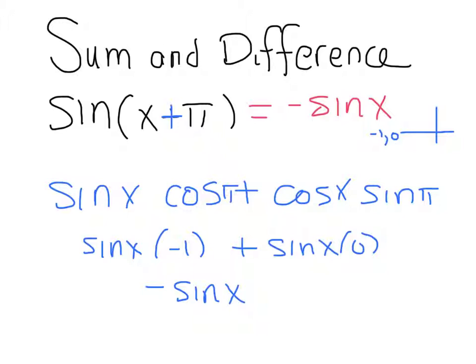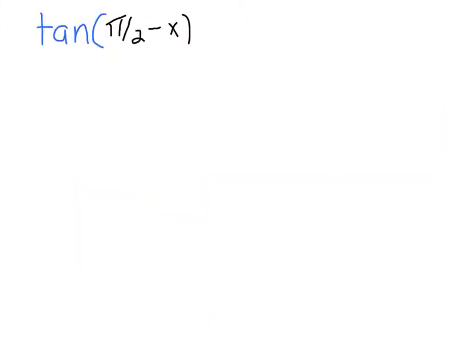So in some of the examples, you'll be using the sum or difference in order to prove the cofunction identities. Here's another example of something that we learned graphically before, but we're going to prove algebraically today. If I were to take the normal tangent function, it looks like this. If I were to apply the negative x to it, that would flip the tangent function over the y-axis.